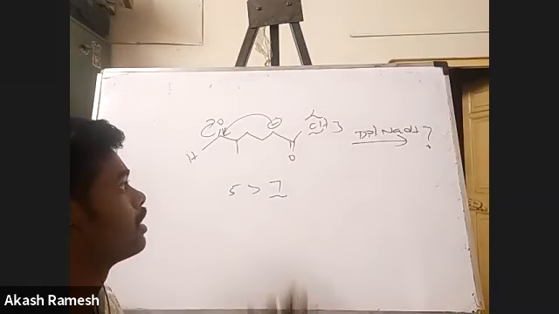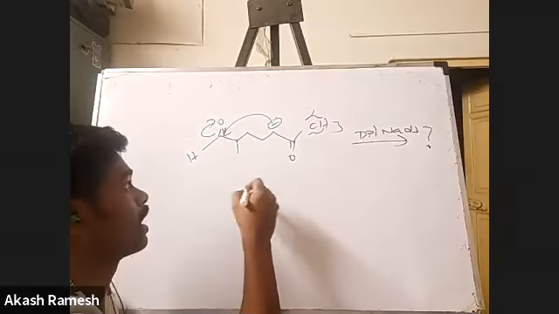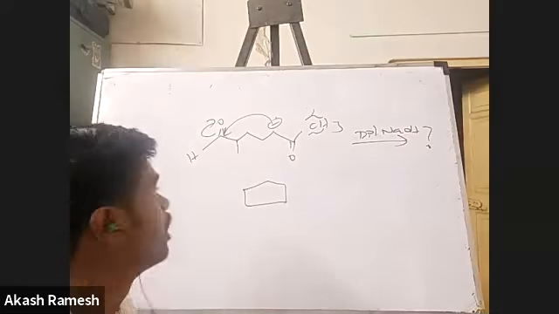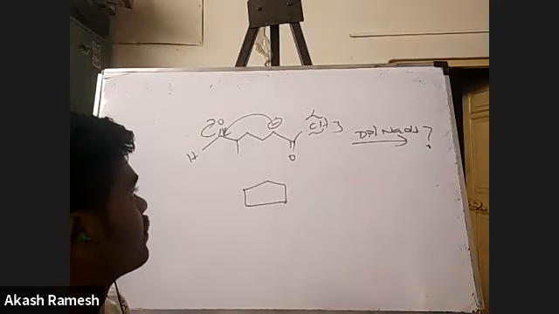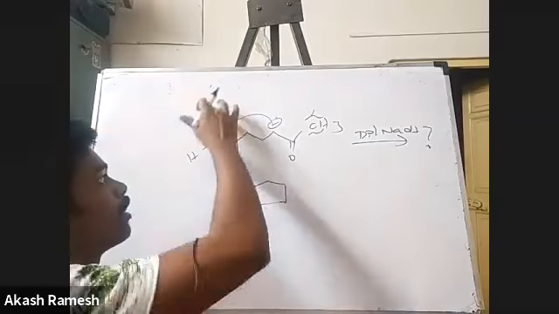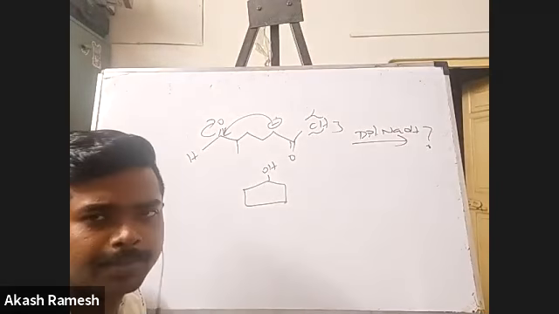Now I'll first draw the 5-membered ring, then we'll put the rest. Done. Now what I see is that there is going to be one OH. This is going to form O minus, and say there is one OH.